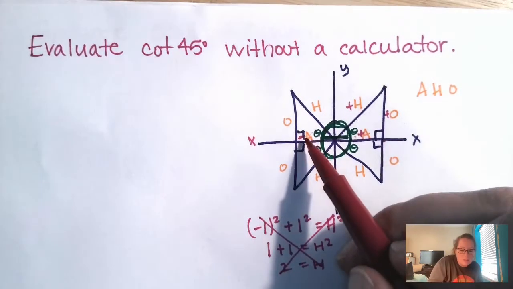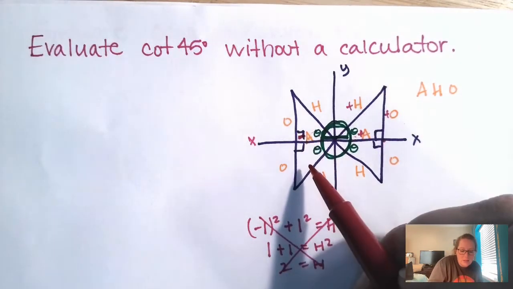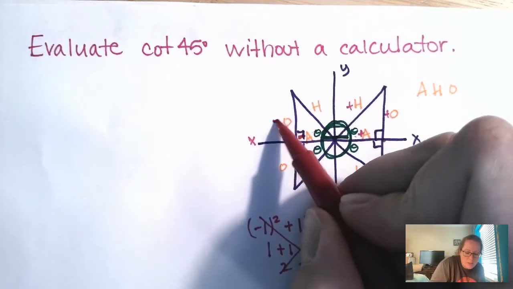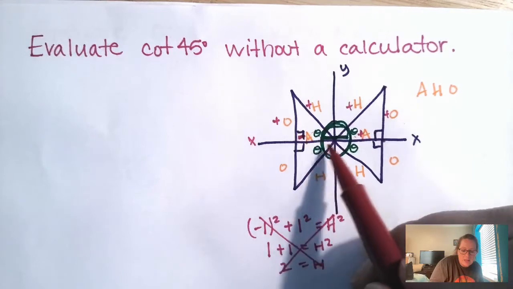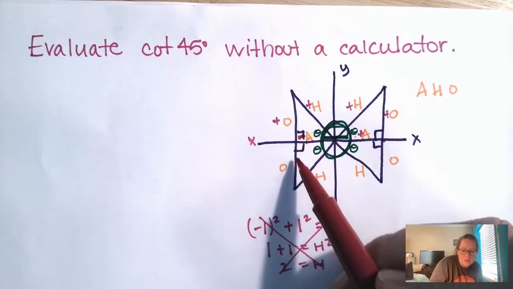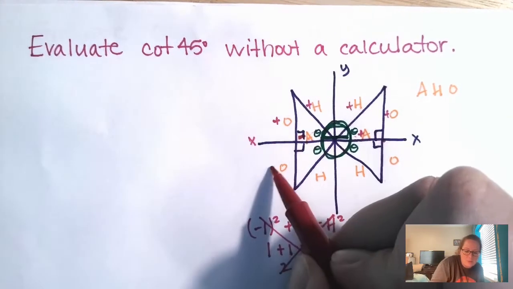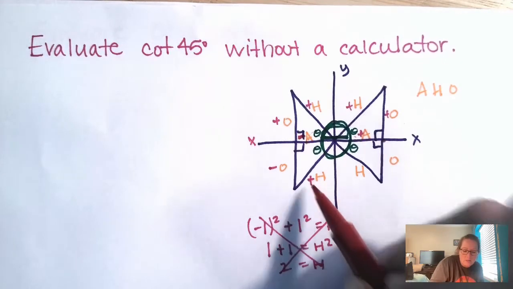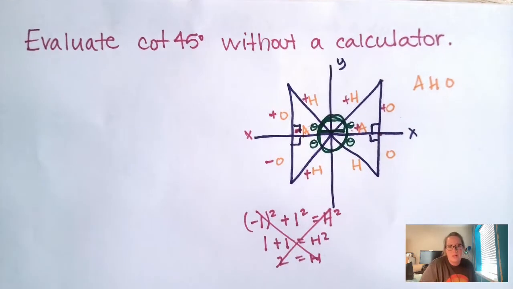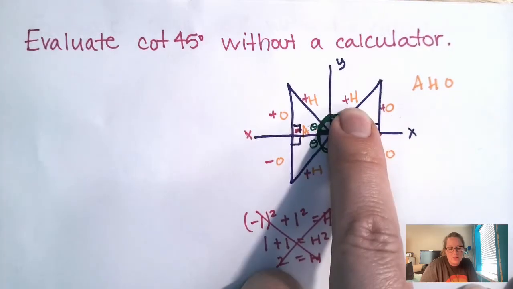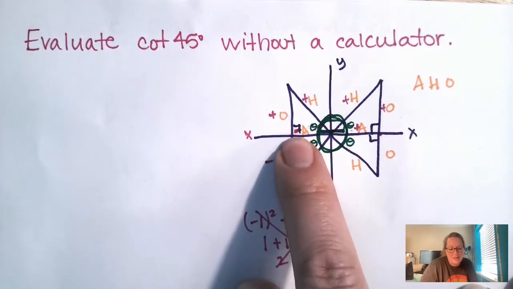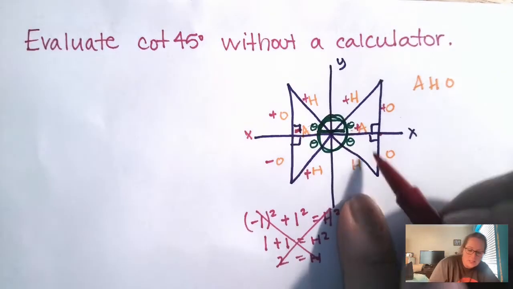All right, then this one, we still have a negative A. Oh, I didn't do that part. Opposite would be positive because it's up. Hypotenuse is always positive. Negative A because it's negative x values. This would be going down on the y-axis, so this would be a negative. And hypotenuse is never negative, okay? So here's what we got. We got some positive A's, positive O's, positive H's. We go to negative A, positive O. Oh, we didn't do this guy.